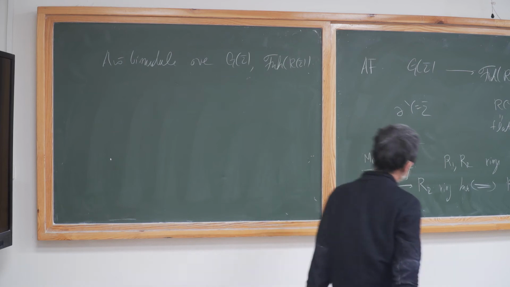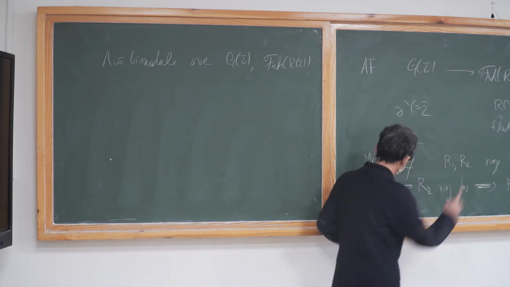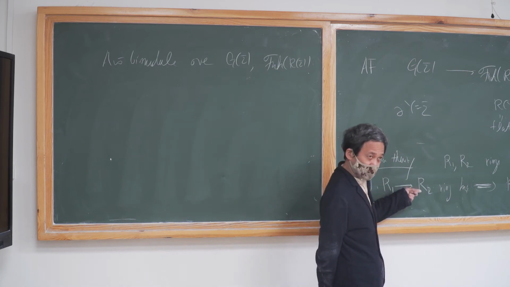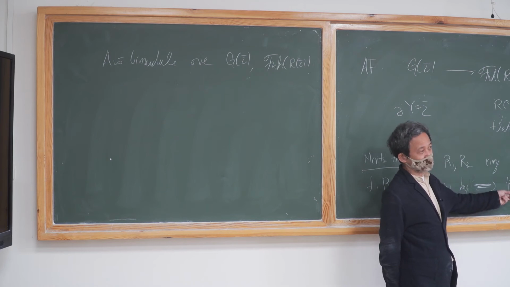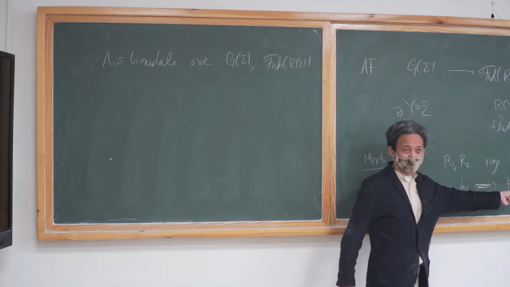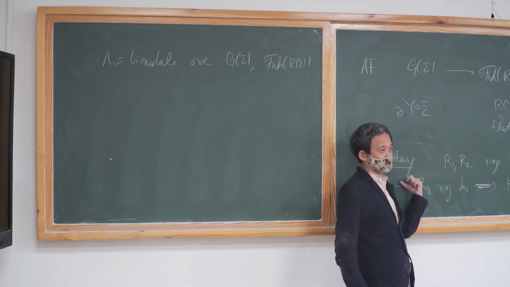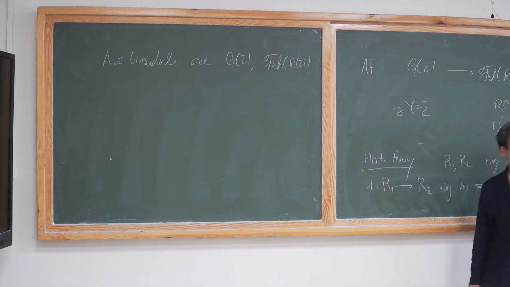Of course, this is a bit of cheating. You have a ring homomorphism and this bimodule, but of course not all bimodules correspond to ring homomorphisms. So we have to show that the particular bimodule I will construct corresponds to some infinity functors. But the proof is in two steps.